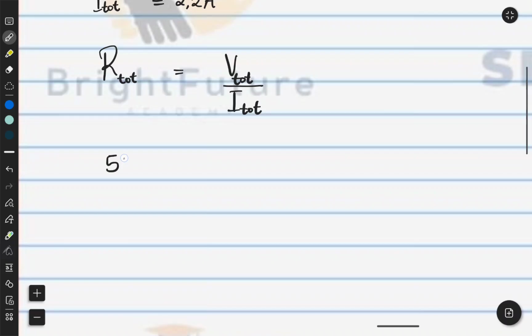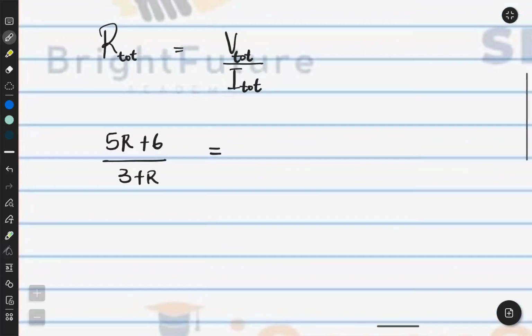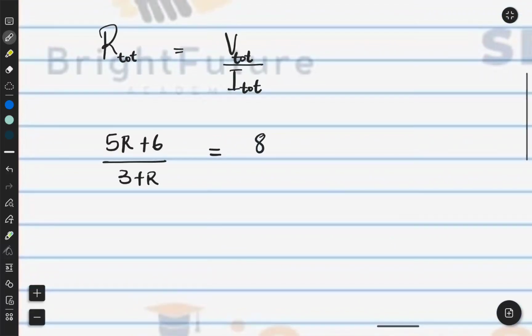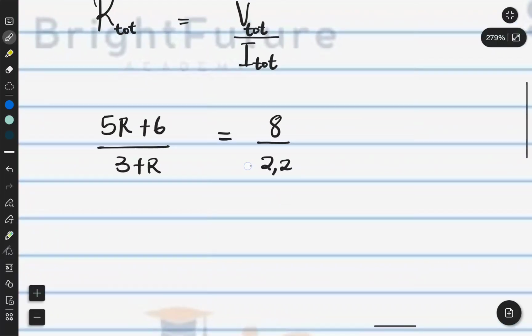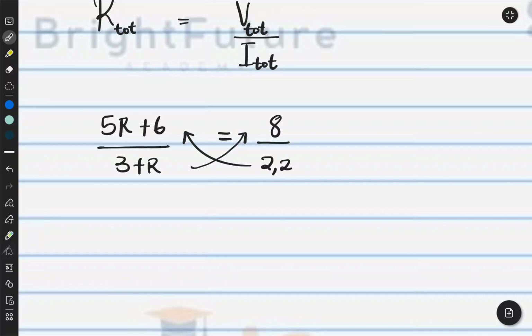Then we know that this is 5R plus 6 over 3 plus R. Okay, and then it's equal to 8, which is my total voltage, remember, divided by my total current, which was 2.2. From here I can solve. Okay, so it's up to you. It's either you cross multiply from here, right, like this, or you simply simplify the right hand side into one digit and then you solve like that.